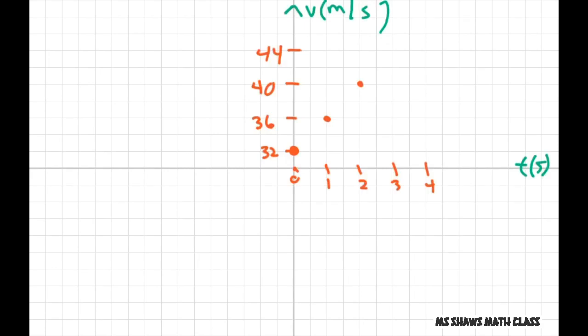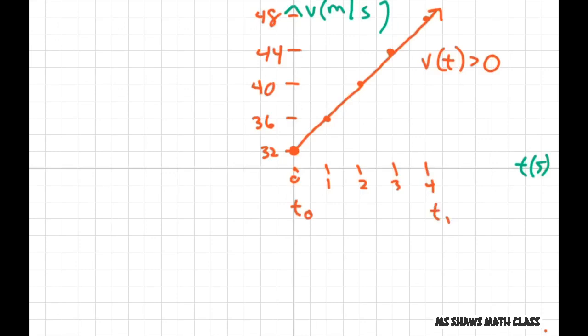At 3, it's 44. And at 4, it's 48. And so you see this linear line. That's constant. So your velocity of t is positive here from t of 0 to some t1.